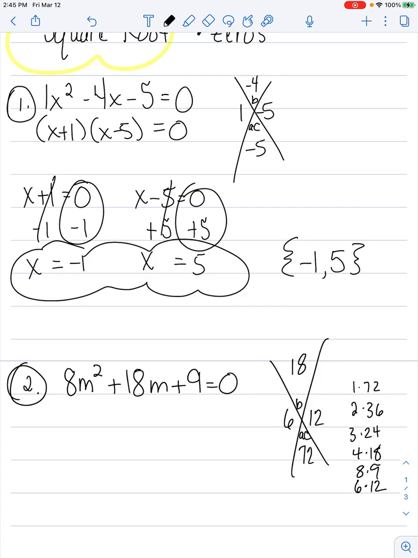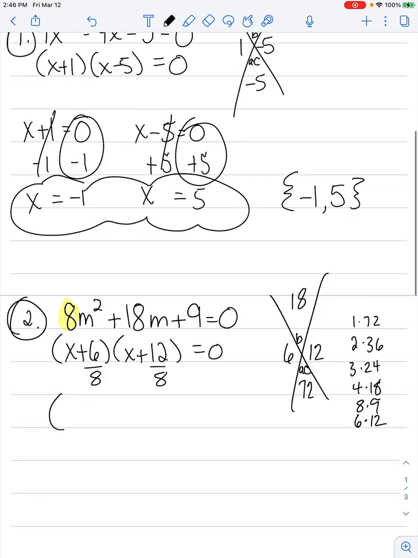So 6 and 12 are going to be the factors we're going to use. They can both stay positive. So I have x plus 6 times x plus 12 equals 0. I've got to do slip and slide because I have that 8 for a. Divide both of these by 8. And I do notice that those fractions need to be reduced. These can reduce by 2.